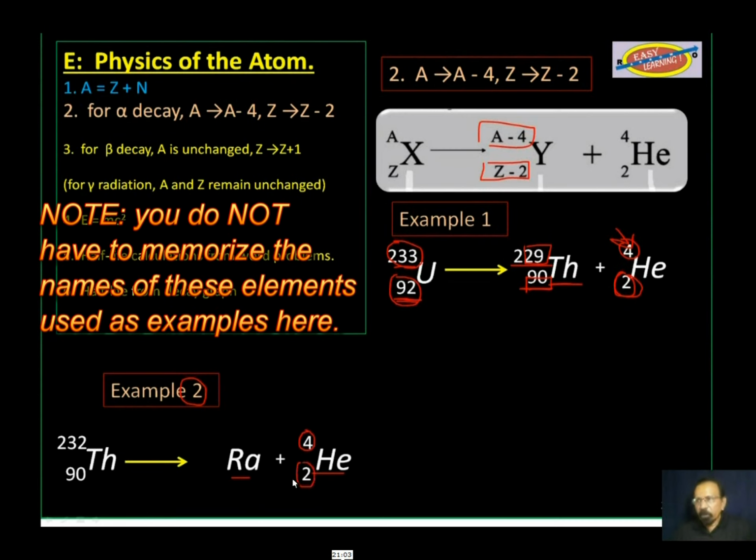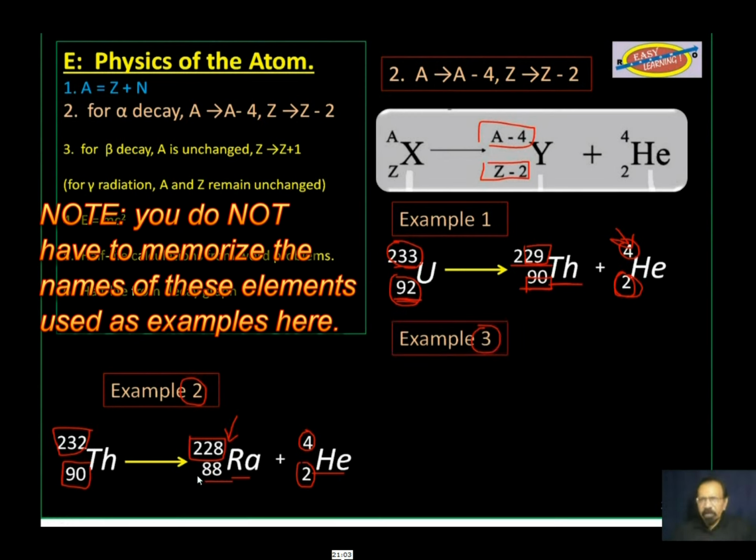By now, you know that the number up here for radium will be 4 less than that we had over there. So we get 228. That's the nuclear number. And the proton number for radium will be 2 less than that. So we get 88.